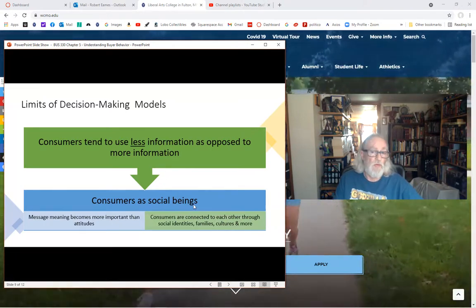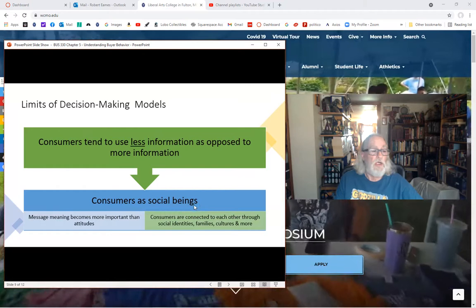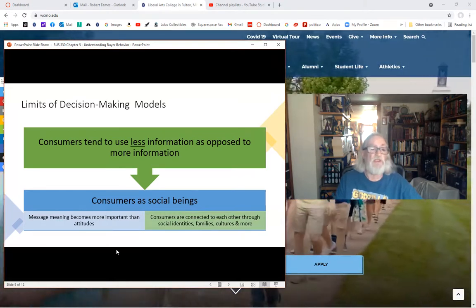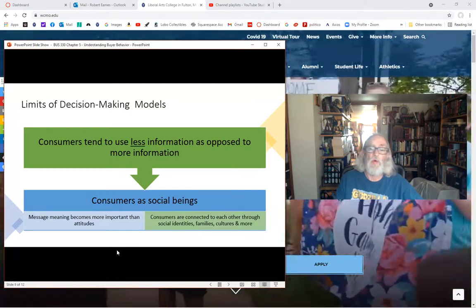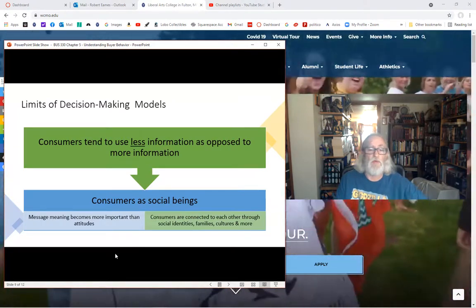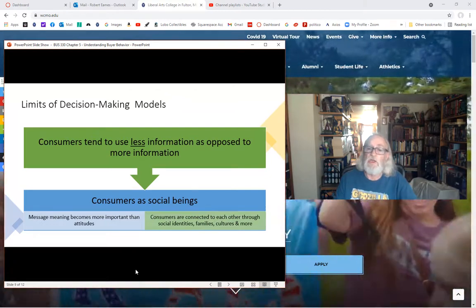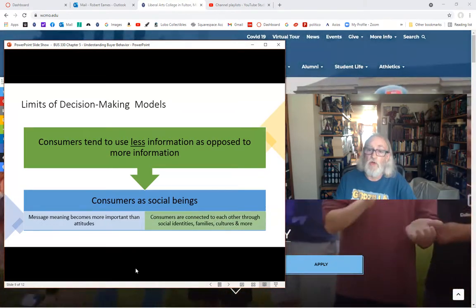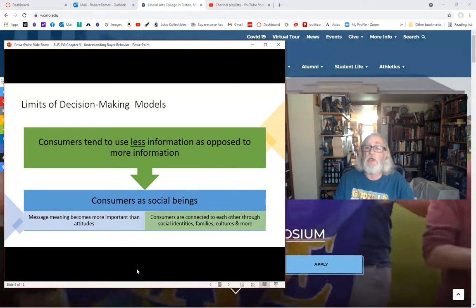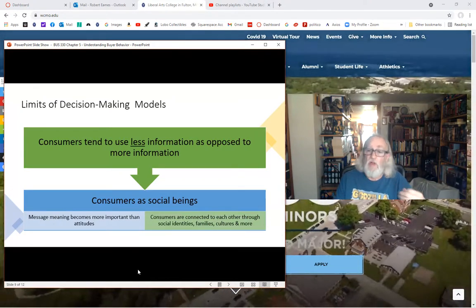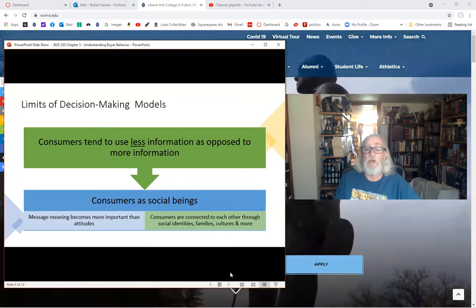So we also have to realize, and this is paramount, that consumers are very much social beings, that the meaning of any message becomes much more important than their attitudes that we might be overcoming. If we can make the message encapsulated in a sense that has social meaning for them, that touches on some cultural fabric that they are in tune with, then we can get them to pay attention to our message.